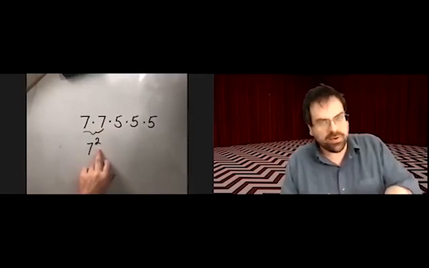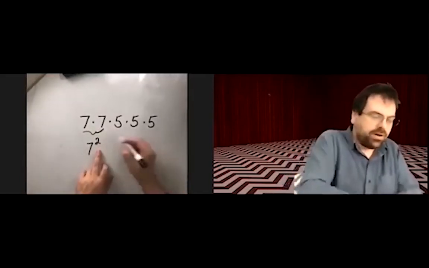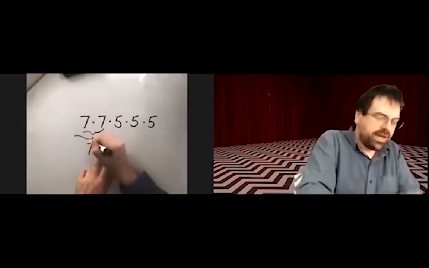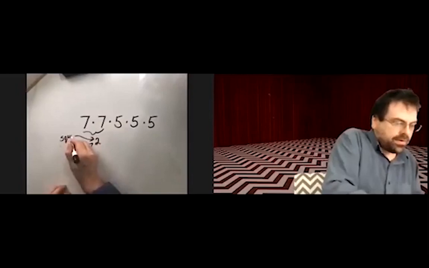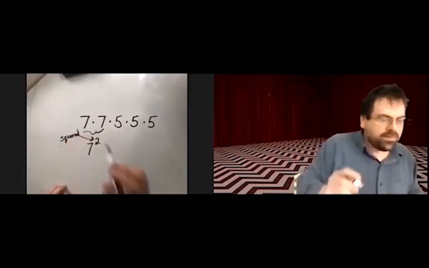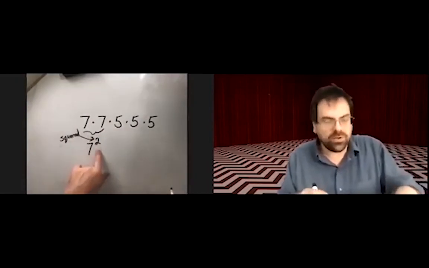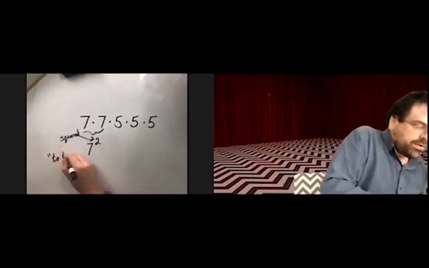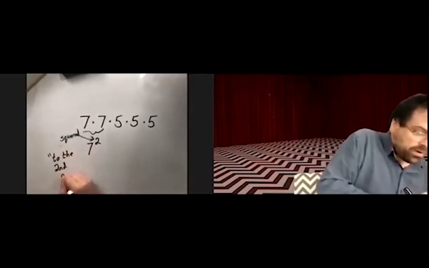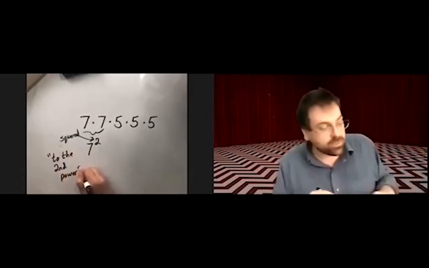to the second power. And by the way, the little floaty 2, I think I said it before without explaining, is called squared. When we see the little floaty 2, or we could say to the second power, you'll hear exponents referred to as powers as well.